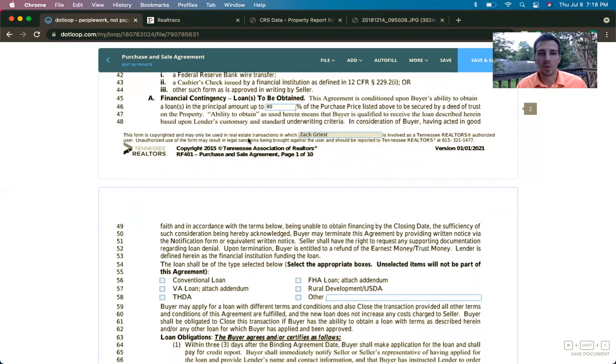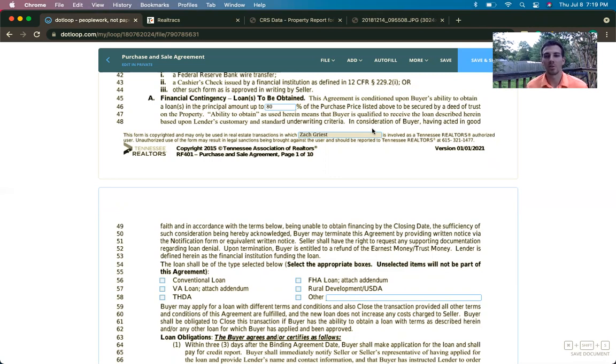Okay, and I wrote in my notes too, let's see, ability to obtain as herein means that buyers are qualified to receive the loan described herein based upon lender's customary and standard underwriting criteria, in consideration of buyer having acted in good faith and in accordance with the terms below. So buyer acting in good faith. That means they are asking for a financial contingency in this contract.